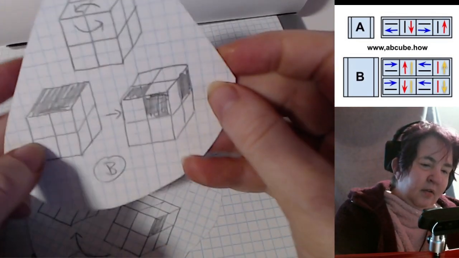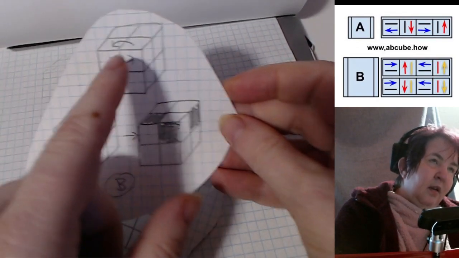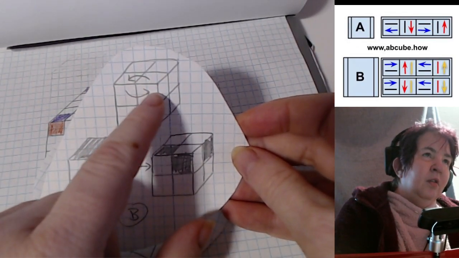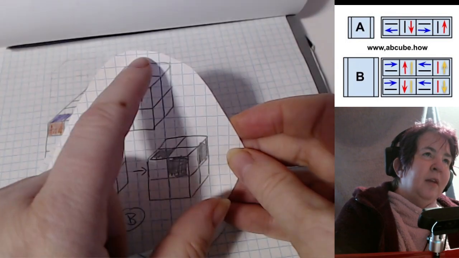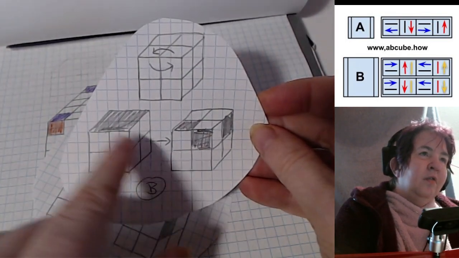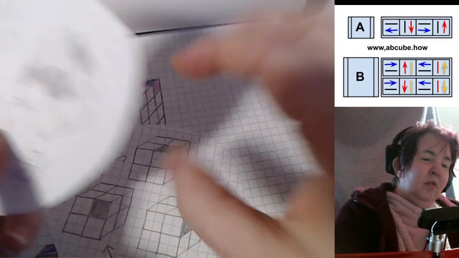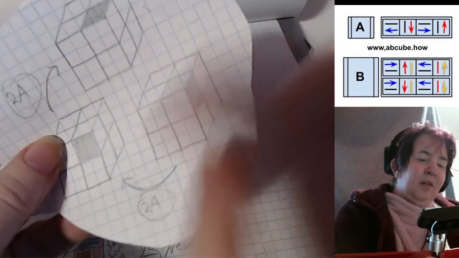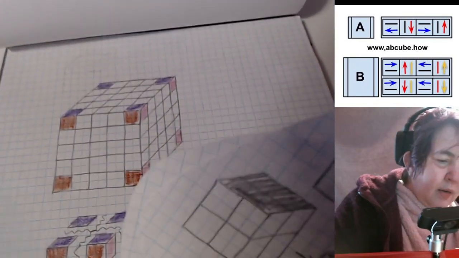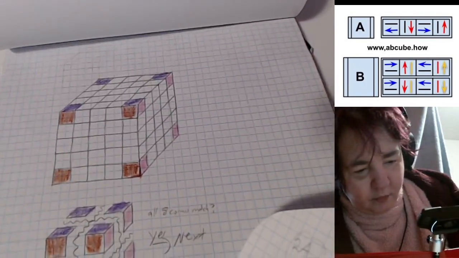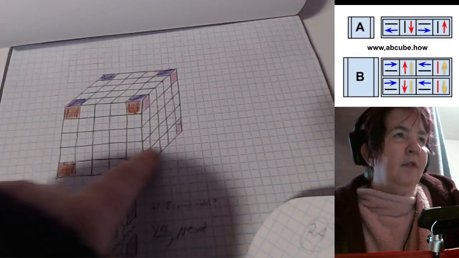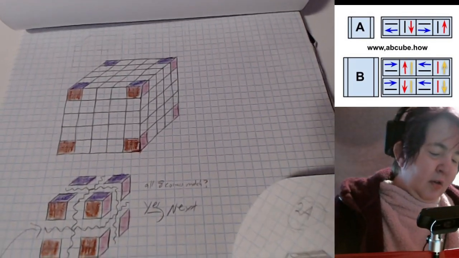Here is formula B. If you want to switch these 2 cubes, because these ones match already, you do formula B, and then it looks like this. And then you go back to formula A and make it look like that. First goal, get all 4 corners to match.